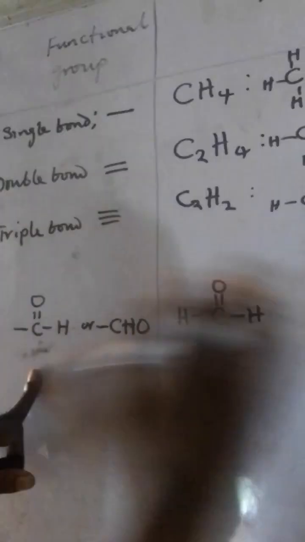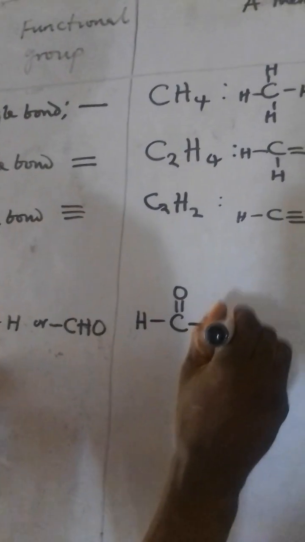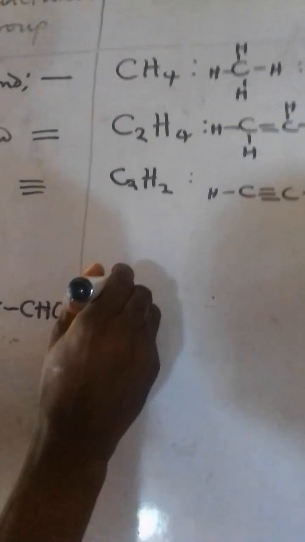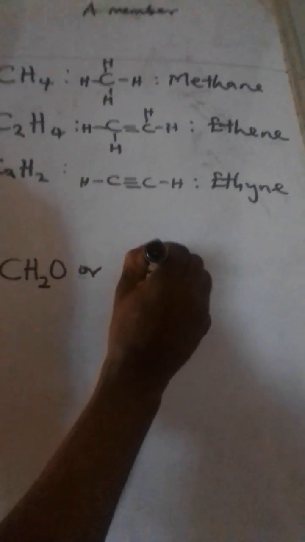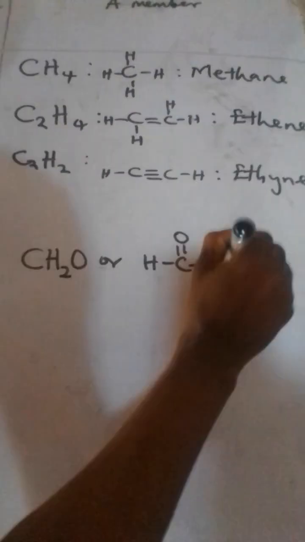So let's use this member. You can write this as CH2O, or you just write it this way, HCHO. What is the name? Remember, 1 carbon atom means meth.